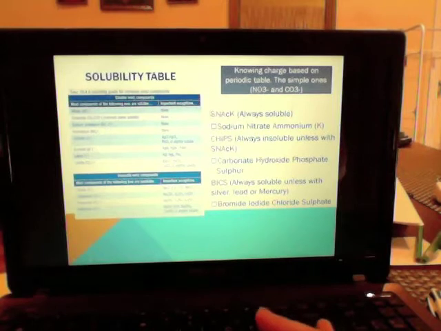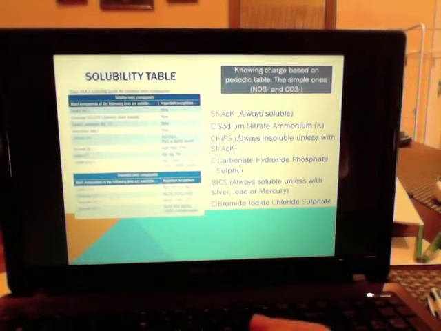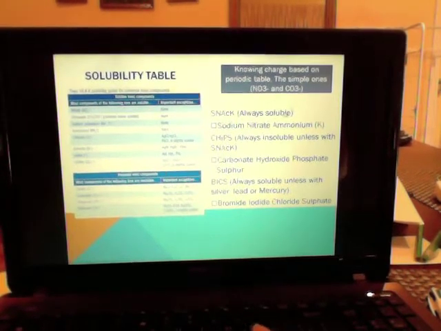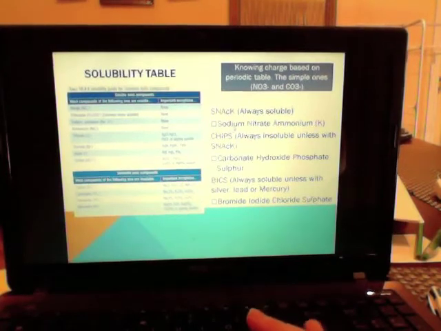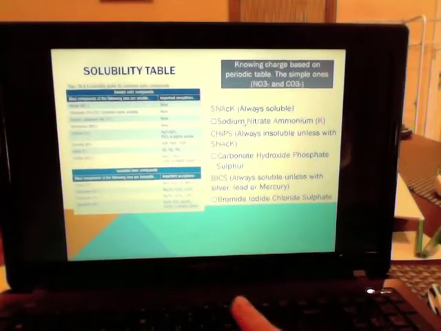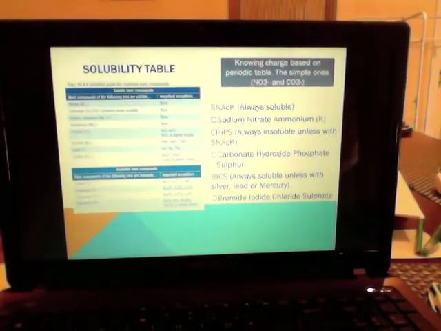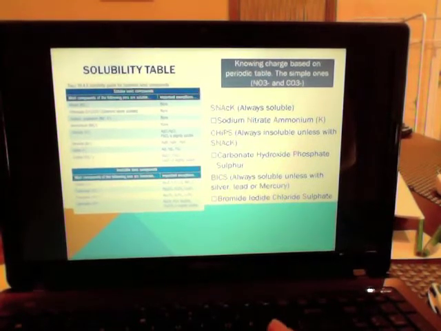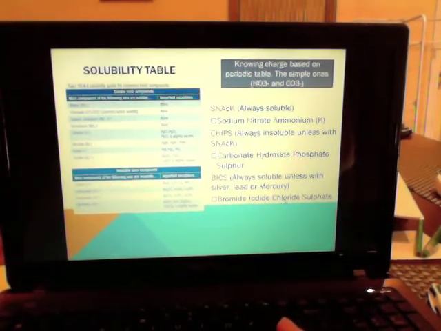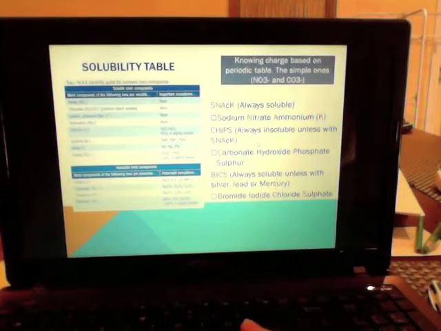Okay, SNAK, always soluble. Remember it, turn it into food. SNAK is always soluble. Sodium, so sodium chloride is soluble because of the sodium, partly. But we'll see later on that chloride, some of them are insoluble.